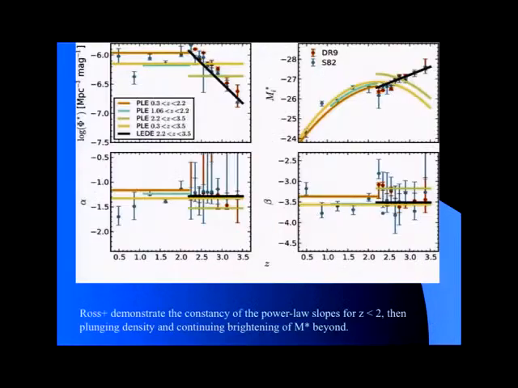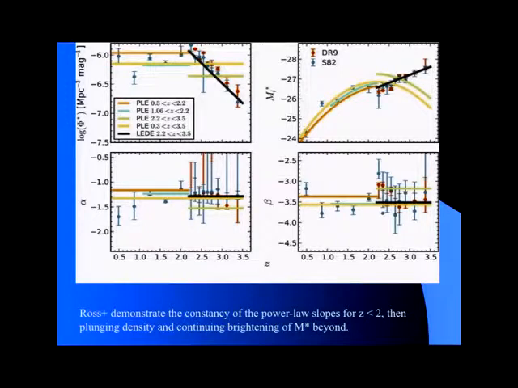brighter on average. And if you take what is the industry standard thing to do, namely fit 2 power laws with some kind of break in between as a parameterization of a curve, then you find that their claim of pure luminosity evolution says that the slopes for the faint end, which is alpha, and the bright end, which is beta, are really consistent with being constant up to redshift 2 or 2.5, at which point things start to change in some interesting way.